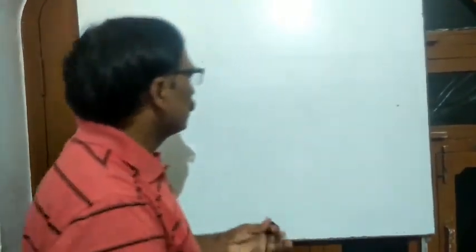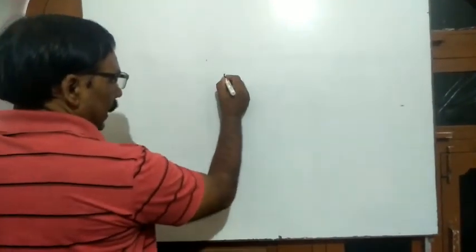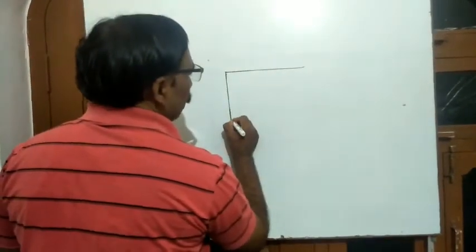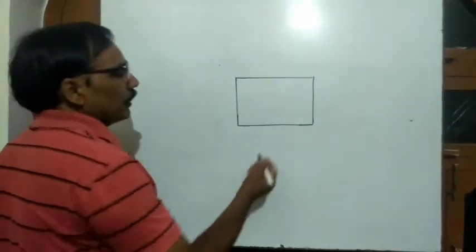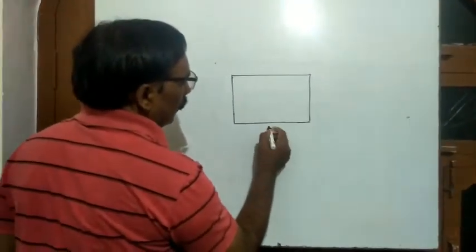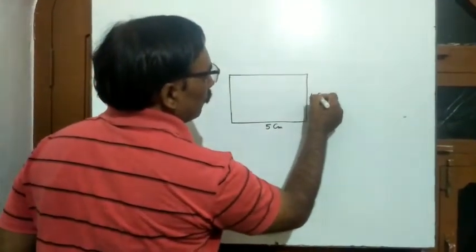Okay. Suppose there is a unit vector n cap, which is normal to the surface, and you have the area of the surface, suppose 25 square centimeters, then how will you represent this? Suppose this is a rectangle. Its length is suppose 5 centimeter and breadth is 4 centimeter.